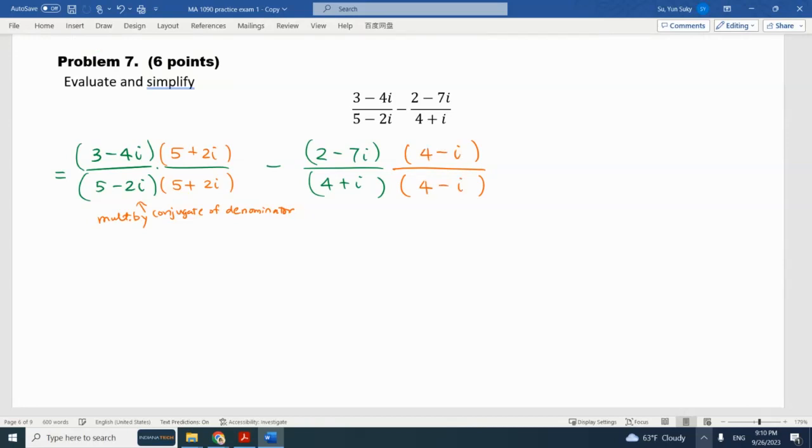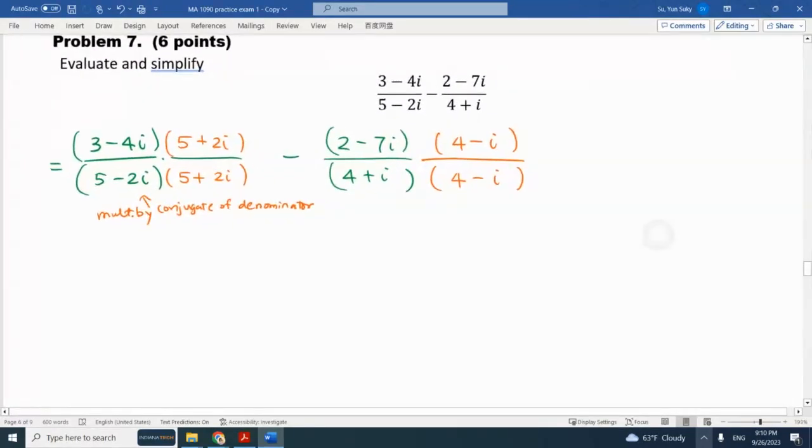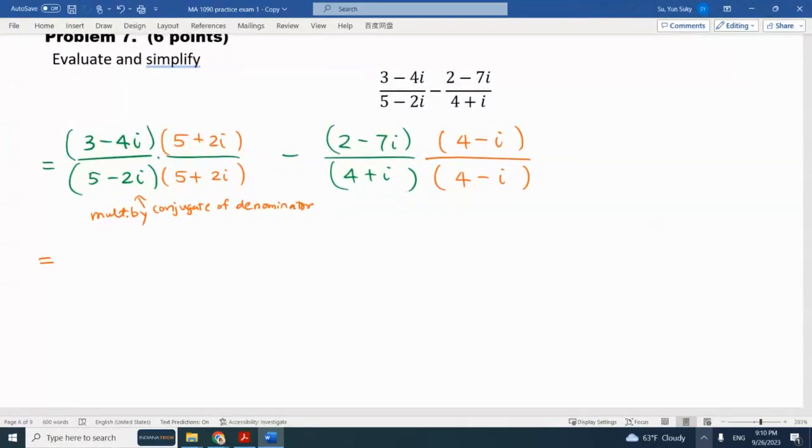4 minus i. Okay, and now this should be, so 5 times 3, 15. 3 times 2i, 6i. Minus 4i times 5, minus 20i. Minus 4i times 2i is minus 8i squared.